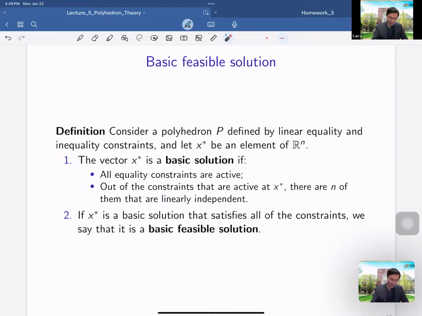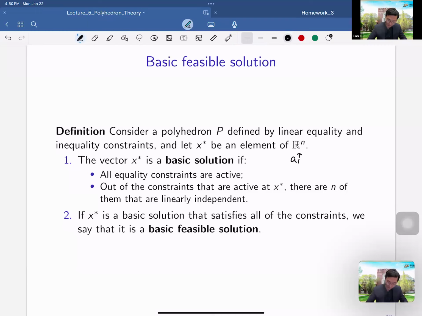So all the equality constraints are active, and out of the constraints that are active at x star, there are n of them that are linearly independent. With n linearly independent active constraints, you can think of this as n linearly independent equalities. Then we are guaranteed to have a unique solution, right? This is a simple result from linear algebra.